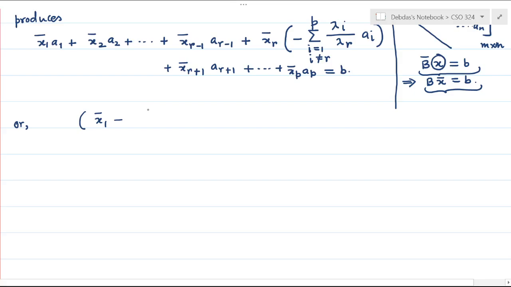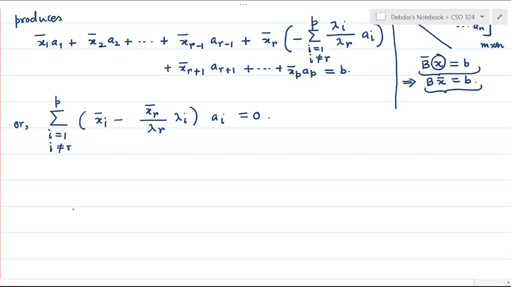So negative sign of xr bar divided by lambda r into lambda i, then into ai. This, in summational form, I am writing it: i equal to 1 to p, i not equal to r, is equal to 0.